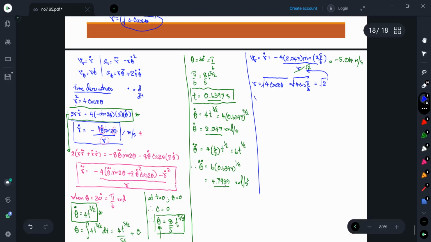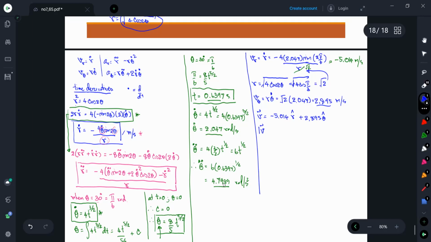And for V theta, it is equal to r theta dot. r is now equal to square root 2, right? And theta dot we already have. Then we can write in vector form like this: minus 5.0 in the direction of r plus the term in the direction of theta.